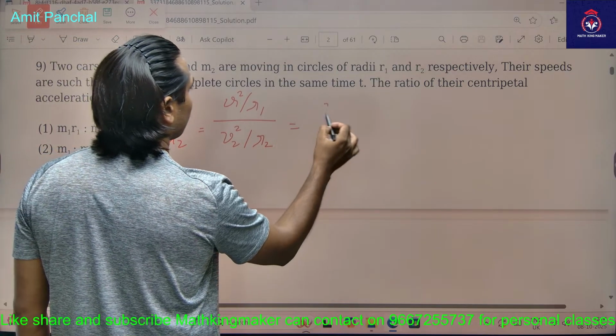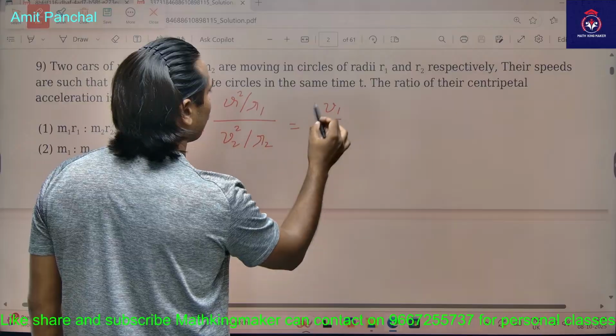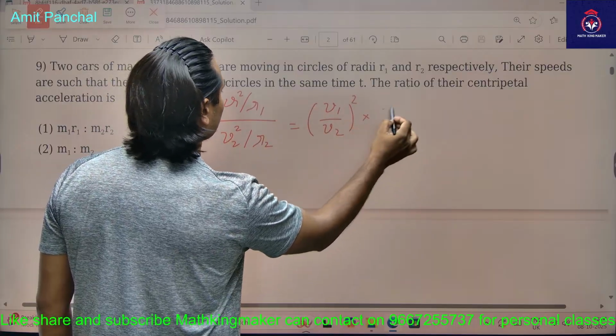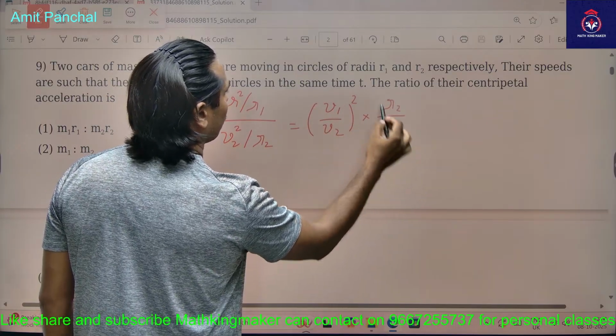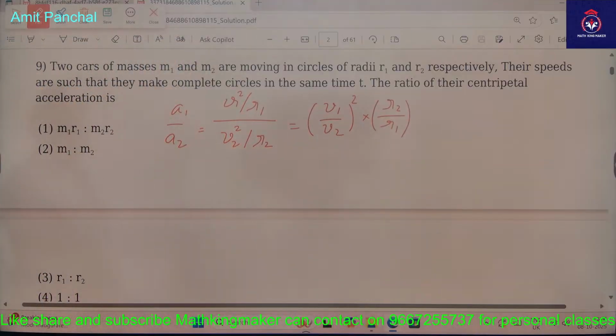So I can write it V1 by V2 whole square. Why are you putting d omega by dt? Where is omega? You can find it.